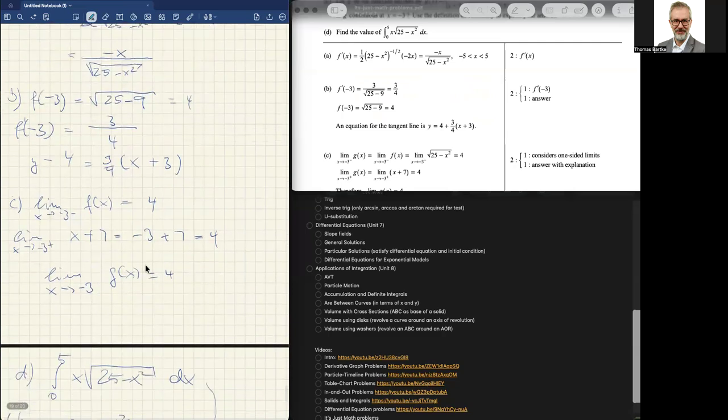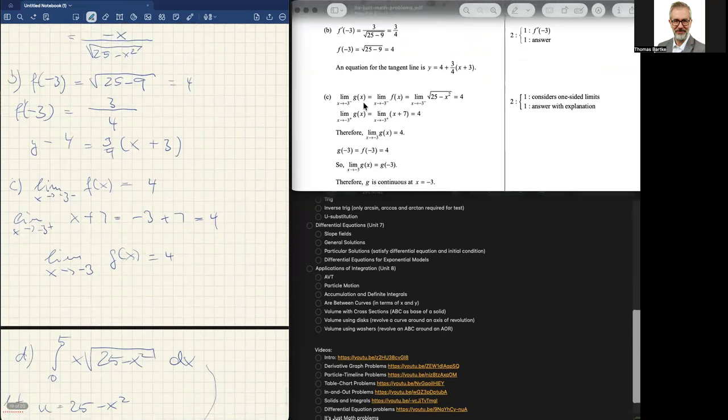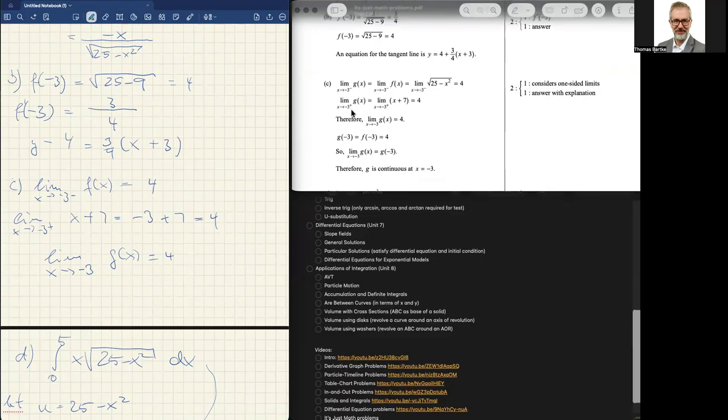And then C is the limit as x approaches -3 from the left of g of x is the same as the limit as x approaches -3 from the left of f of x, and we've already found that. So that's 4. And then the limit as x approaches -3 from the right is using x plus 7, direct substitution. That's also 4. Therefore, the overall limit exists and is equal to 4.